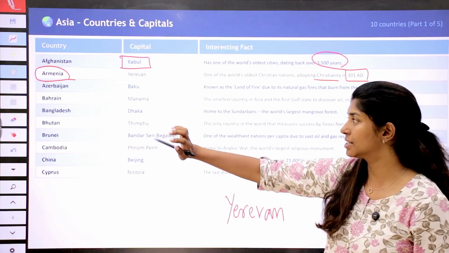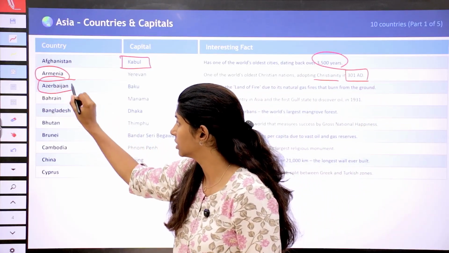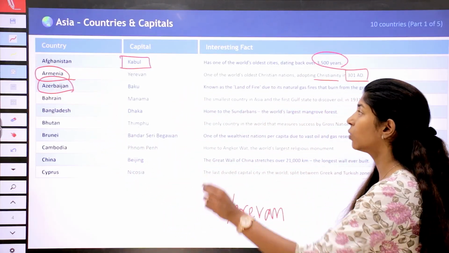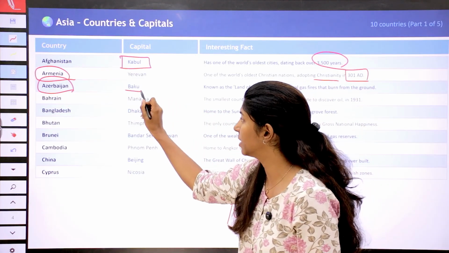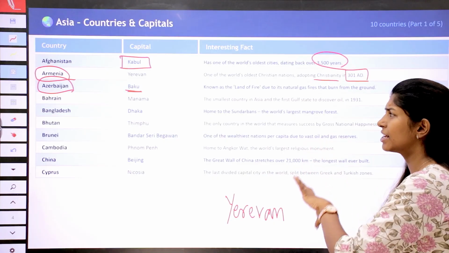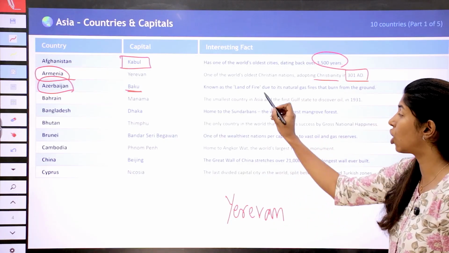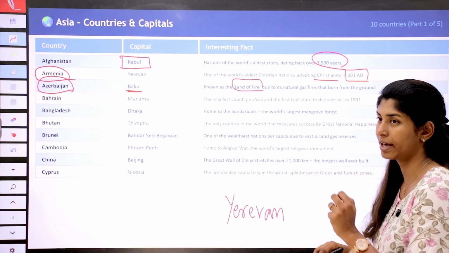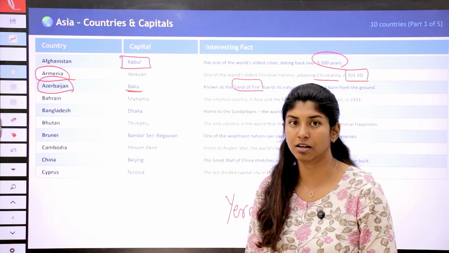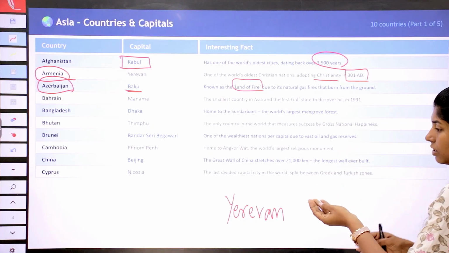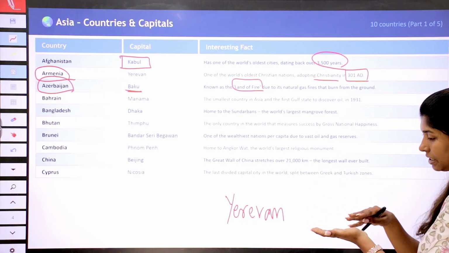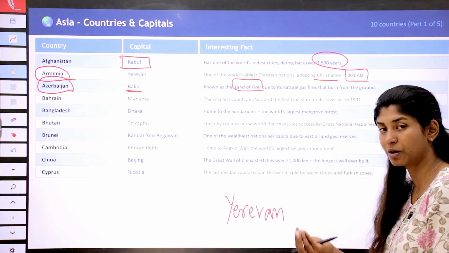Next, Azerbaijan. This is another country in Asia. Its capital is Baku. One of the interesting facts about Azerbaijan is that it's called the land of fire. Why? There is one place in Azerbaijan where, because there is natural gas in the ground, it just keeps burning.